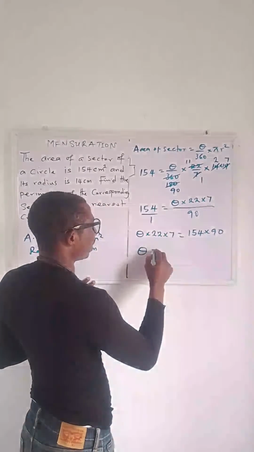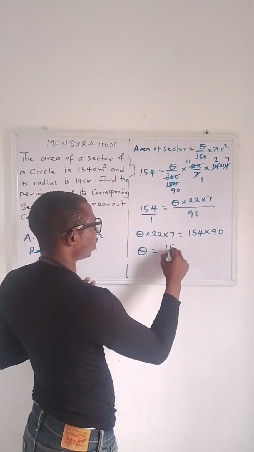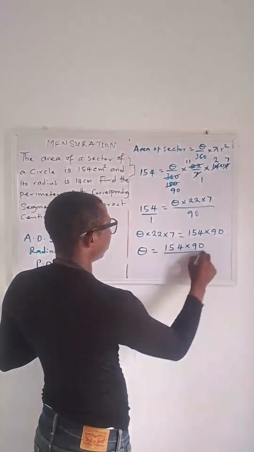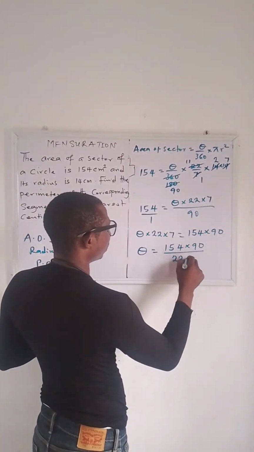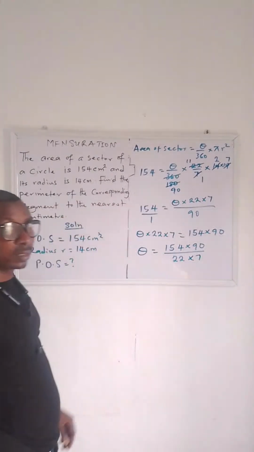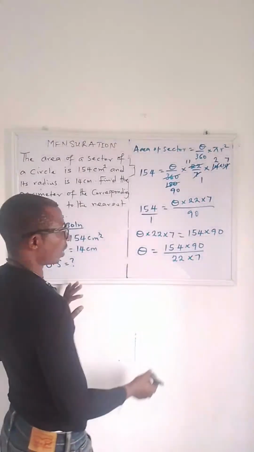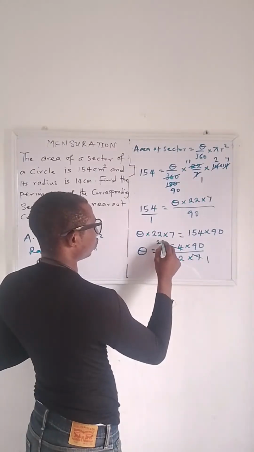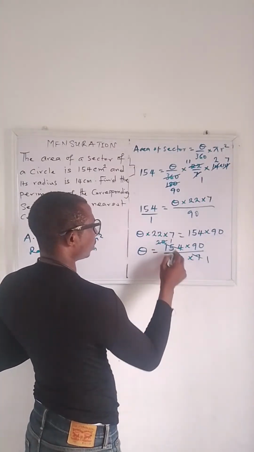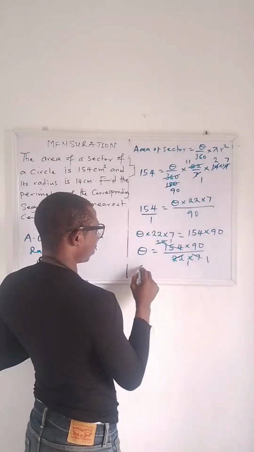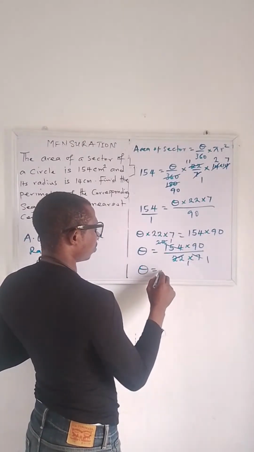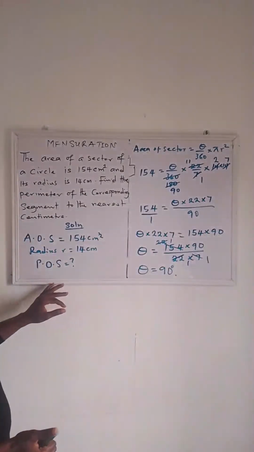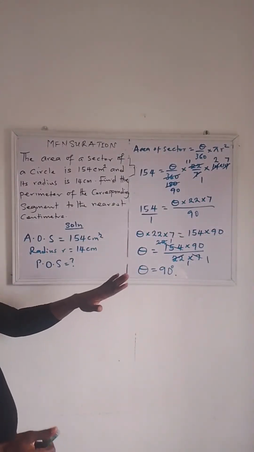So theta will be 154 times 90 all over 22 times 7. Here 7 goes there 1, 7 goes there is 22, and 22 goes there 1, 22 goes there 1. So we have theta equals 90 degrees. That is the angle subtended at the center of the circle.